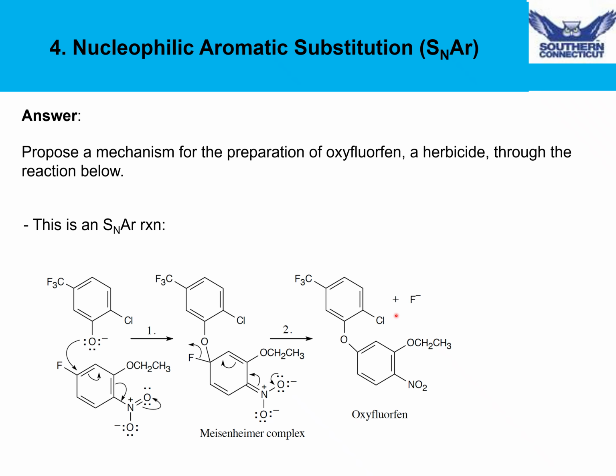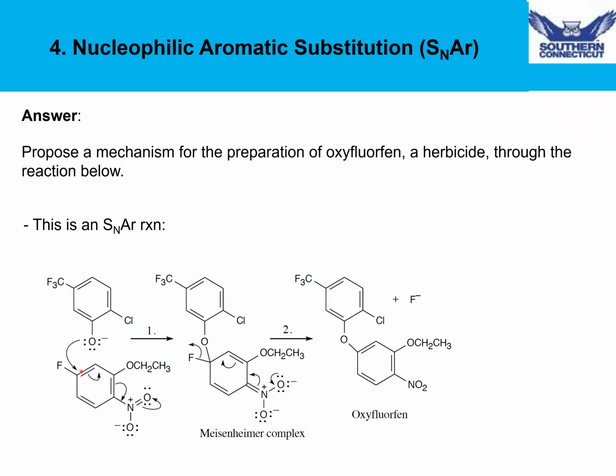The reaction involved to make this herbicide is a nucleophilic substitution reaction, which involves taking the phenol and turning it into the conjugate base by adding potassium hydroxide. The phenol, or the conjugate base of the phenol, is a good nucleophile that can add to the carbon that has the fluoride, which is a very good leaving group for the nucleophilic aromatic substitution reaction.